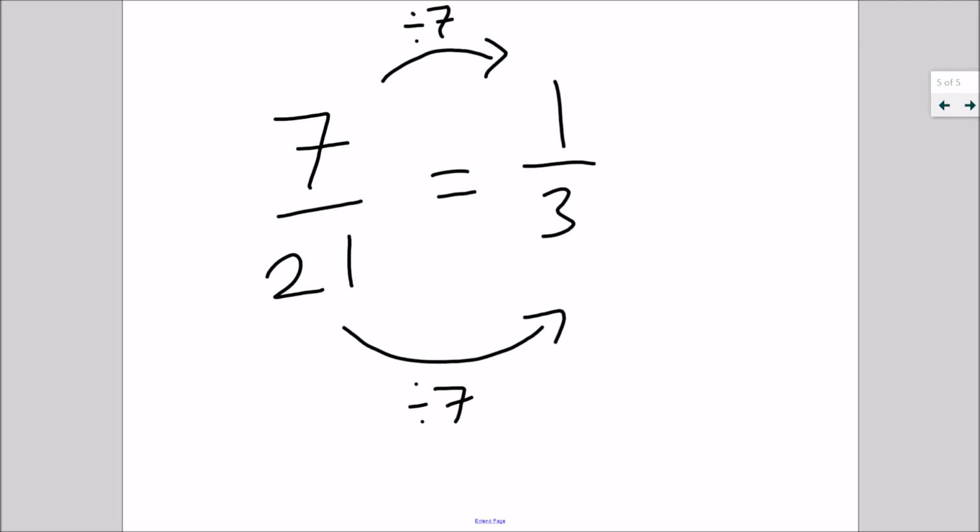My 7 turns into 1, my 21 turns into 3, because I've divided them by the same number. I've divided both by 7. This means 7/21 can be reduced to 1/3. And that's equivalent fractions.